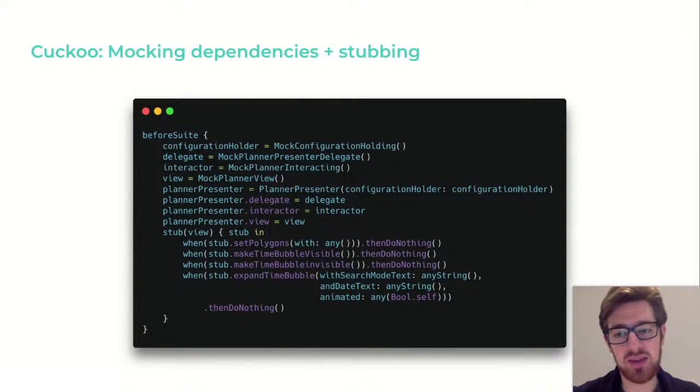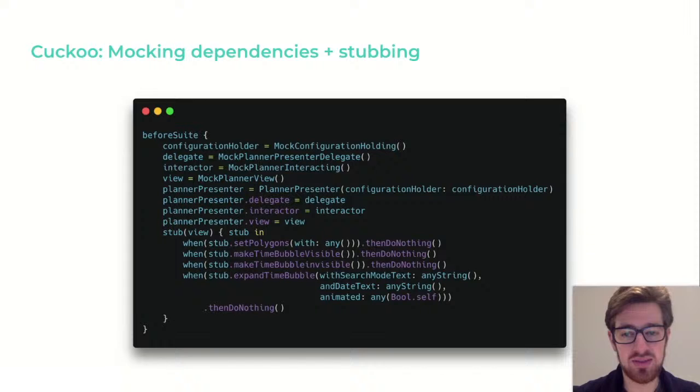And then you see we do the same for delegate interactor and view. They're all mocks of protocols. Then we create our planner presenter, and this is a real implementation of planner presenter, not a mock, but we're injecting a mock configuration holder into that as a dependency. And then we're setting delegate interactor and view as mock properties.